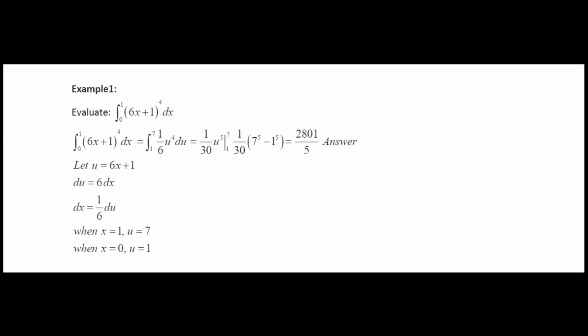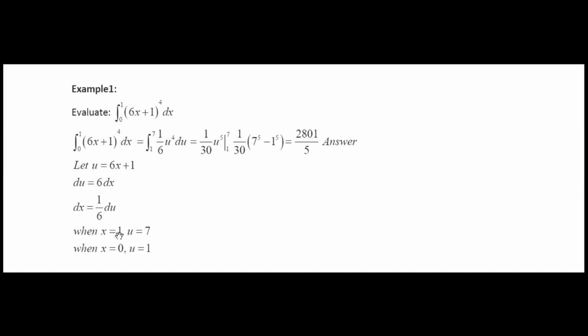Let's do exactly what we did with the last problem. First thing we're going to do is we have a quantity 6x plus 1, so we're going to let that equal u. We need dx, so du is 6 dx, dx is 1/6 du. So this problem right here, which we've recopied here, is now 1/6 u to the 4th du, but we're going to change these numbers from 0 to 1, and here's what we're going to do.